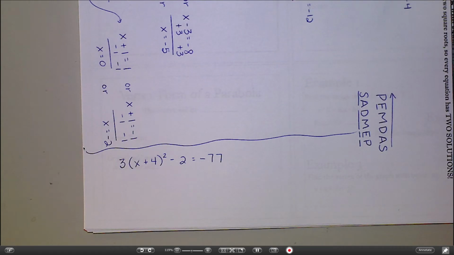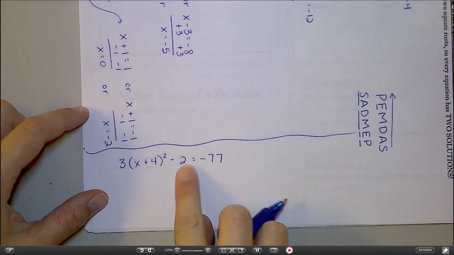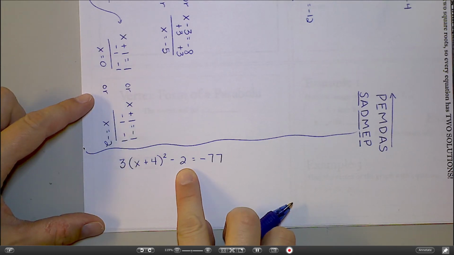Remember that when you're faced with a problem like this one, you want to get the things out from outside of the parentheses first. We want to get rid of everything that's outside of the parentheses. So what do you want to do first? Okay, let's get rid of that negative 2. How am I going to do it? Add positive 2.